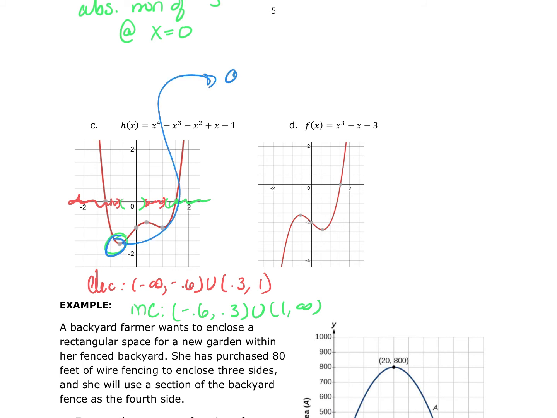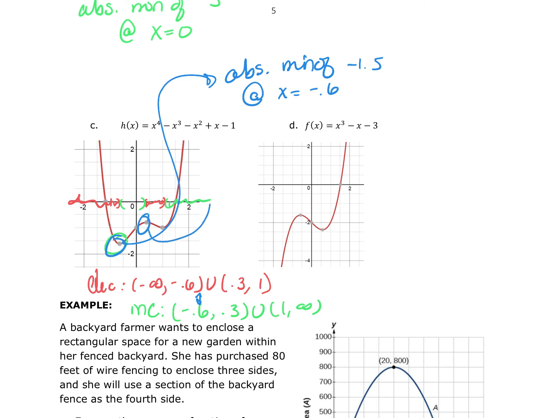And I'm going to say an absolute min of, lowest point looks like it's about -1.5 at, well, x is equal to -0.6. And I know that because I am changing from decreasing to increasing, so I must have a minimum there, and it's the lowest point, so it's an absolute.